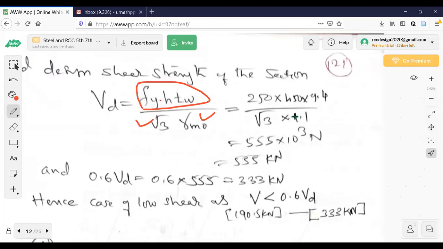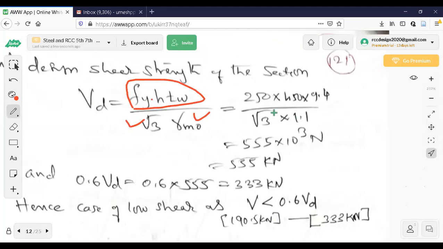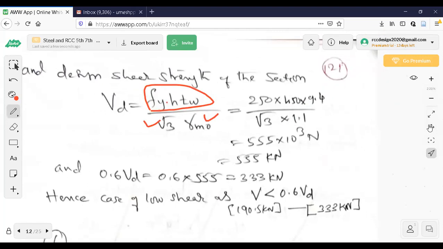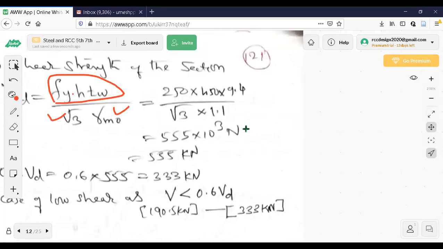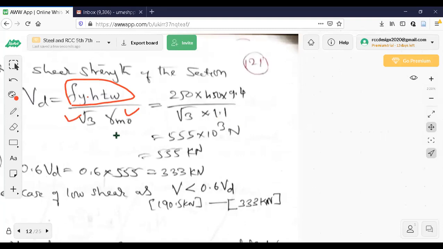Now, 250 is FY, H is 450. This is 9.4. So effectively, which area is resisting the shear? The vertical component. Now, this is a very important GATE question actually. I will show you that one here.